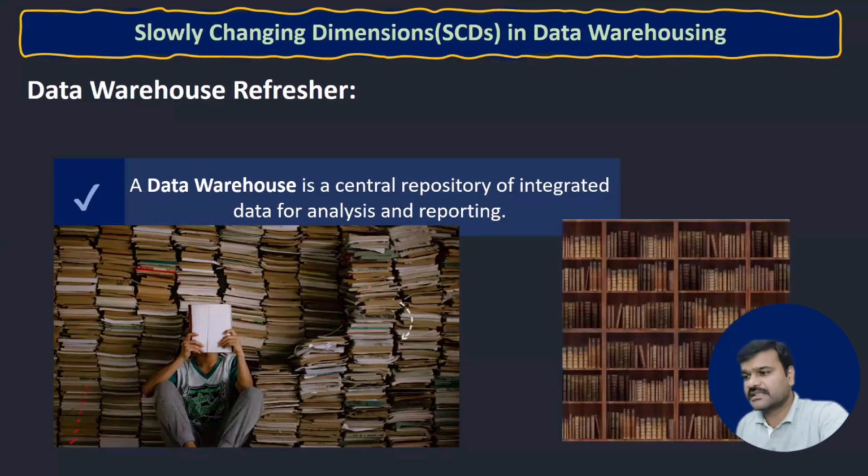Suppose the same thing, if you kept the books in an organized manner. For example, if it is a library, instead of like this, you kept them department wise: computer science books in this column, AI related books here, or EC related books here.